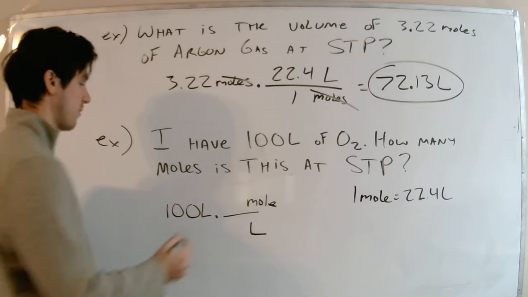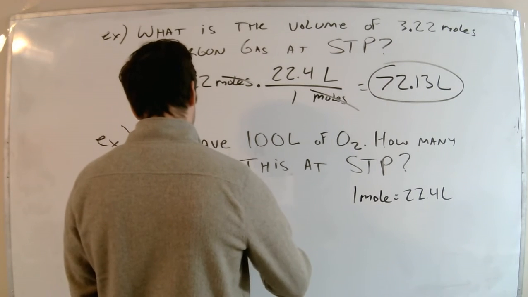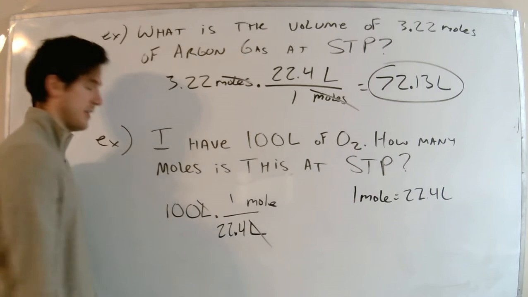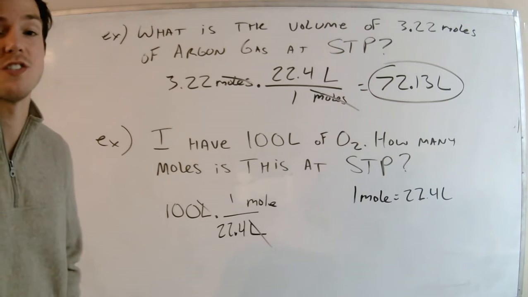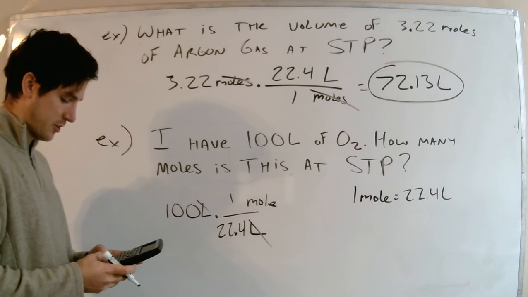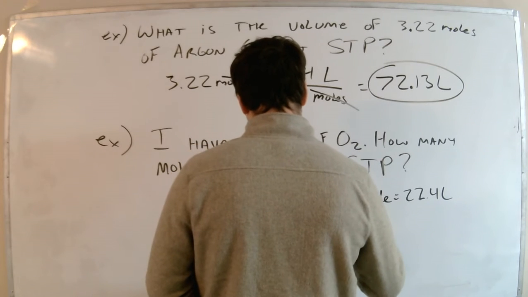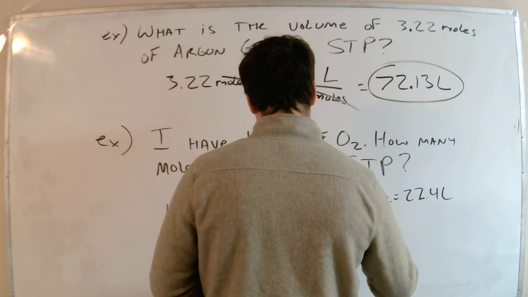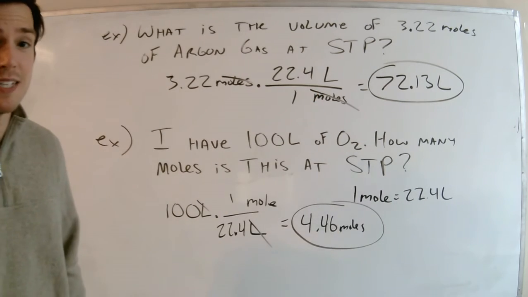And that is that 1 mole at STP equals 22.4 liters. So now, if we have liters and we want to get to moles, we just divide by 22.4. So 100 divided by 22.4 is just 4.46 moles of O2. Okay, so that's all we're doing.